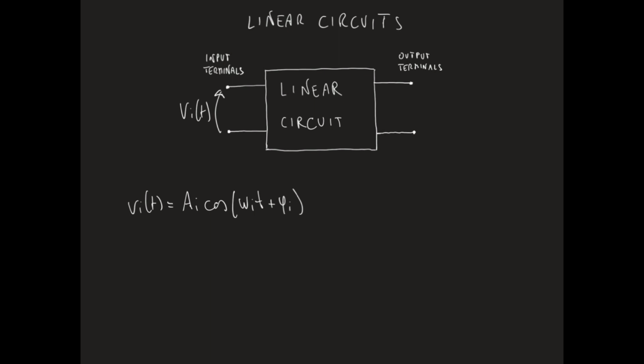If, as we assumed at the beginning, the circuit is linear, then the signal at the output of the circuit, which we will call Vo of t, will take the form Vo of t equal to A sub O cosine of omega I t plus phi sub O. So, first of all, if the circuit is linear and the input signal is a sinusoidal signal, also the output will be a sinusoidal signal.